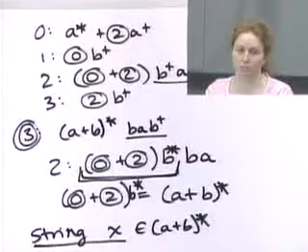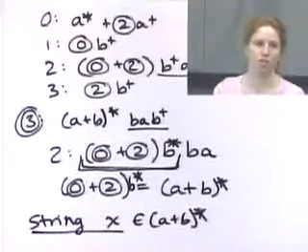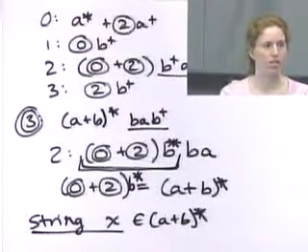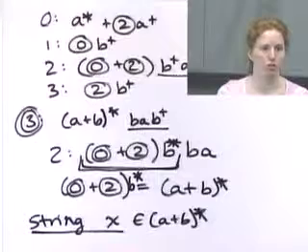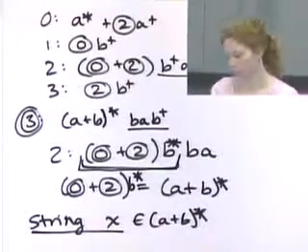We can do an inductive proof on this. And a lot of times you have to do inductive proofs on these because you need to know the length of the string so you know when you're done proving it. Right?